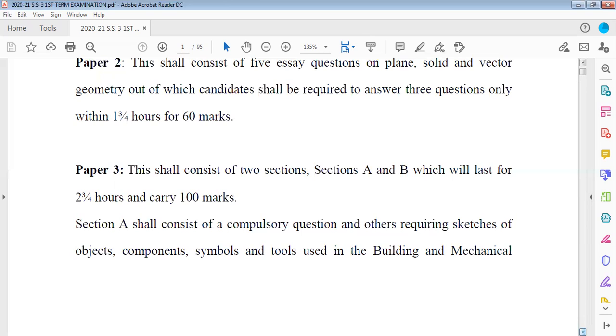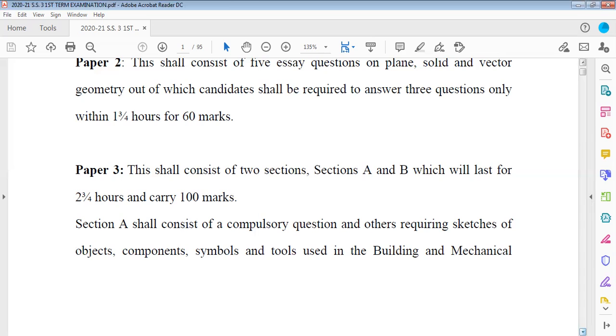So you'll be given orthographic views of an object, and then you'll be asked to transform it to an isometric drawing or isometric view. Then you'll also be asked to sketch an object, which can be a component of a machine, or a symbol of a particular object or a tool.